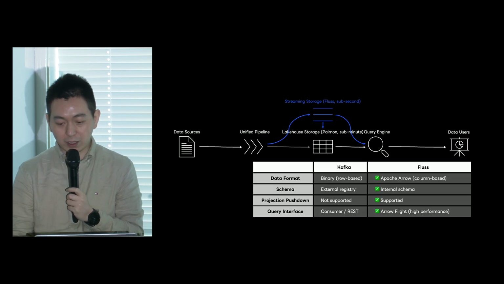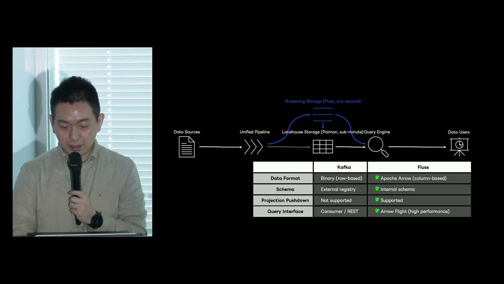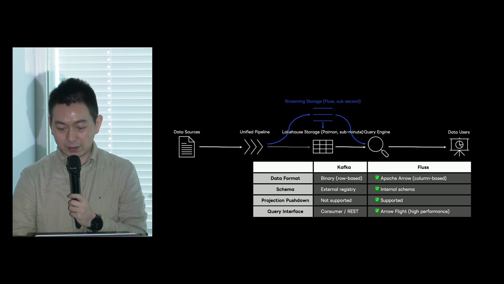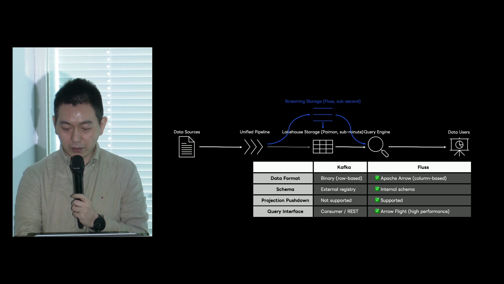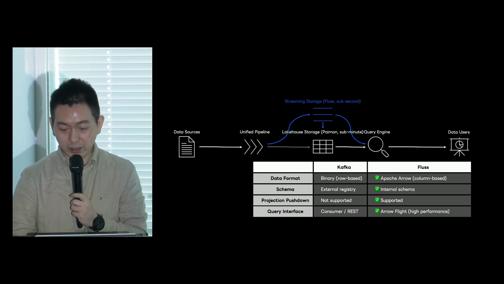Let's compare Fluss to Kafka and see why it wins. Kafka stores row-based data records in binary format, while Fluss stores records in column-based Arrow format. And Kafka relies on external registry to manage schemas, while Fluss manages schemas internally.